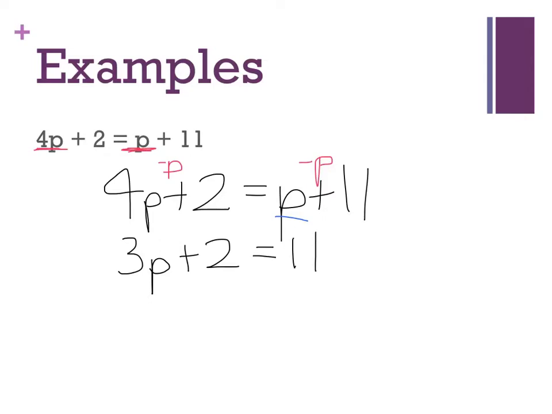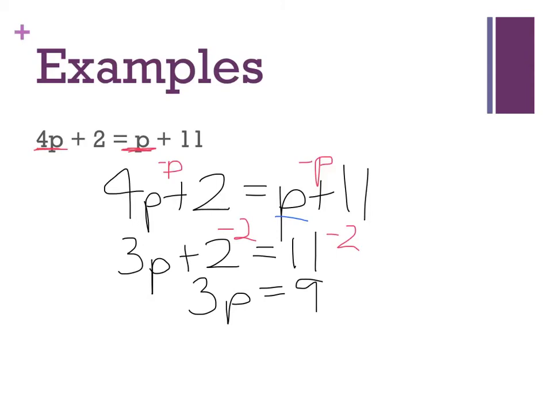Now this equation looks like something I've seen before. 3P plus 2 equals 11. So in order to find my pronumeral, I have to take the things furthest away. 3P plus 2 equals 11, so I subtract 2 from this side, and I subtract 2 from that side, and I come up with an answer of 3P equaling 9.